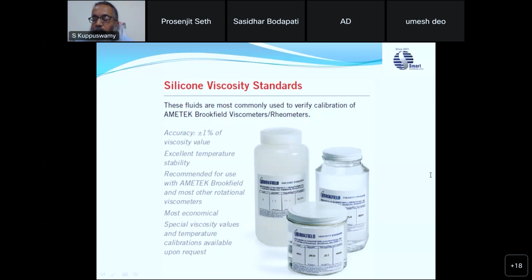Why? Because RV stands for regular viscous. It's for semi-solids or soft solids, and you cannot use the regular spindles. As Mr. Ajay sir has told you about the helipath setup, you need to have the helipath to avoid air gaps. With the standard spindles, you might get air gaps for creams, gels and toothpaste. So you should have the helipath setup for the measurement of creams and paste.